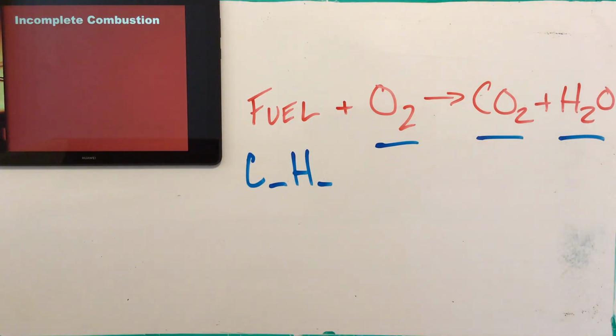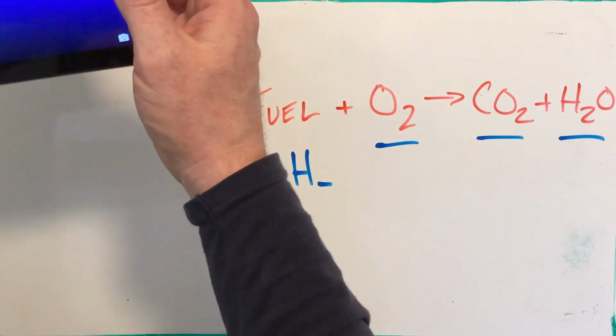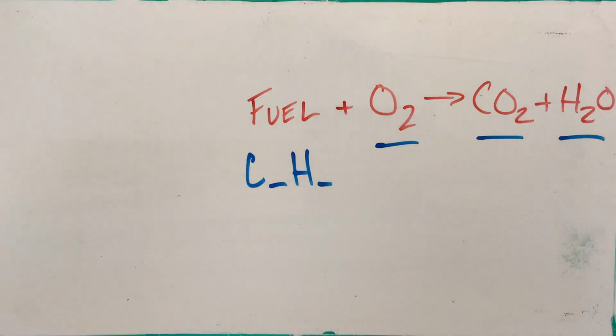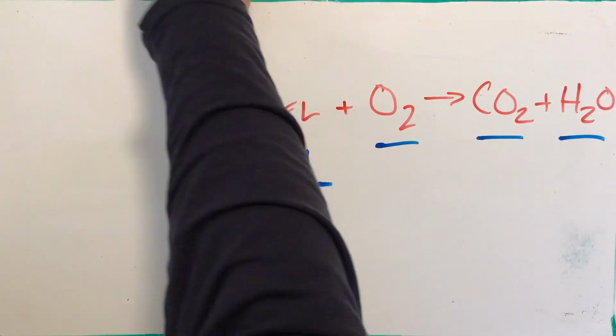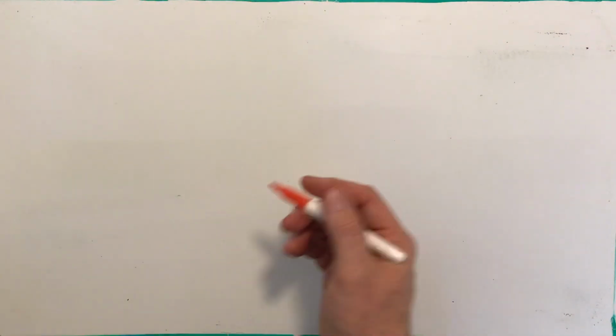Now, if I go over some common combustion reactions, I'll move this because we're not ready to do incomplete combustion just yet. Move that out of the way, and we'll go over several examples of balanced equations. Now, there's two types of combustion. There's complete combustion.